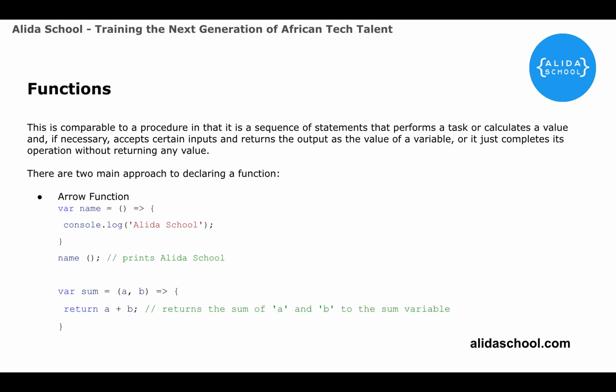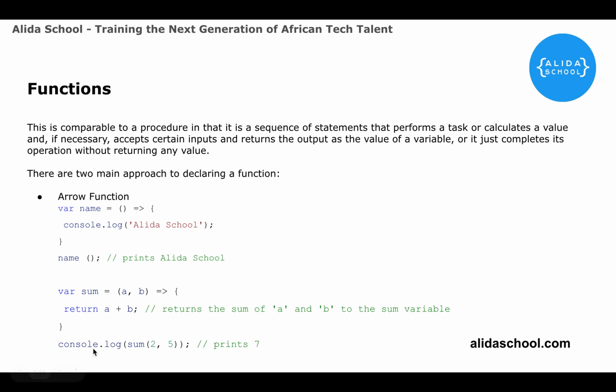For example, let's say we have a variable of sum which is equated to an arrow function having two arguments A and B. With the arrow function here, or the fat arrow, we get to open up the function scope, and here we are returning the sum of A and B, which gets to evaluate the sum and returns the value back into the variable of sum.